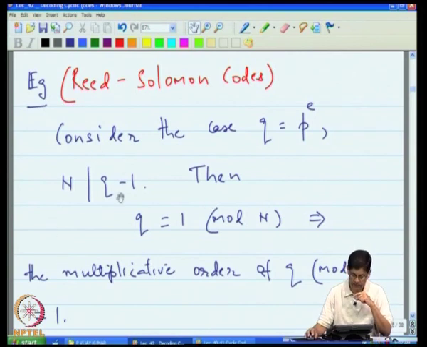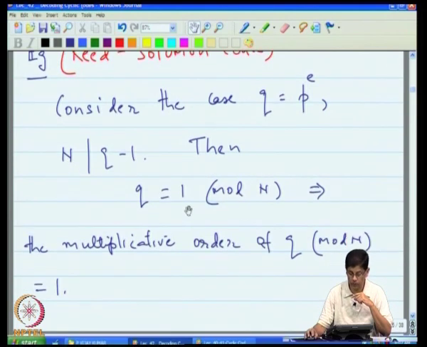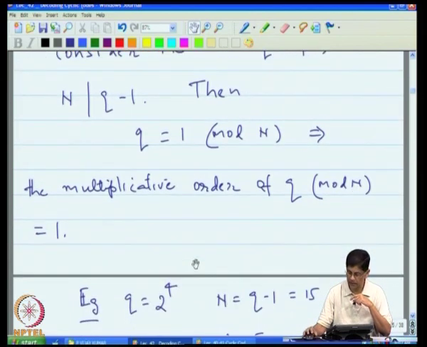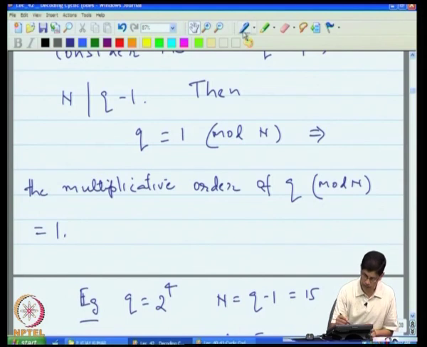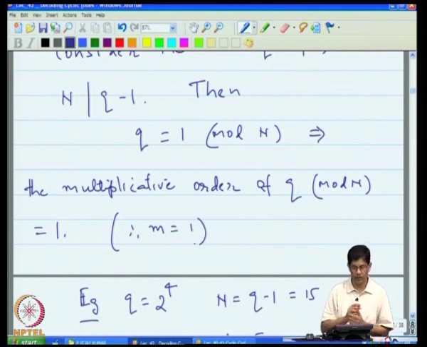Now because n divides q minus 1, q minus 1 is a multiple of n, and therefore q is 1 plus a multiple of n, which means that q is 1 mod n. So the multiplicative order of q modulo n is 1. So that parameter little m that we have been using throughout is in this case just 1.